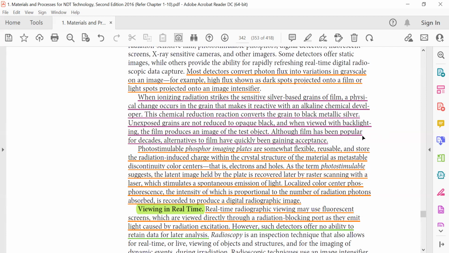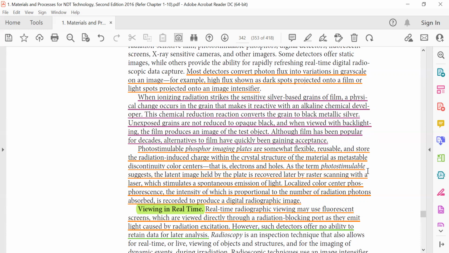Although film has been popular for decades, alternatives to film have quickly been gaining acceptance. Photostimulable phosphor imaging plates are somewhat flexible, reusable, and store the radiation-induced charge within the crystal structure of the material as metastable color centers, that is, electrons and holes.